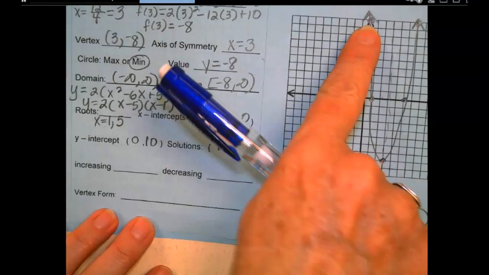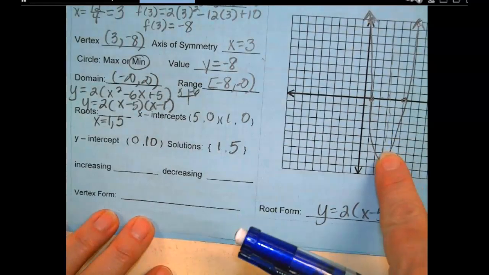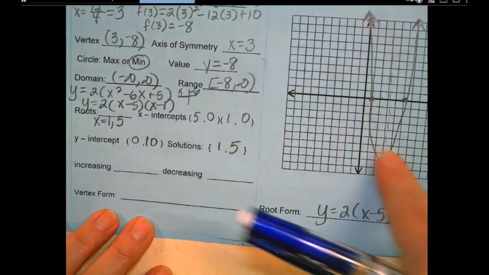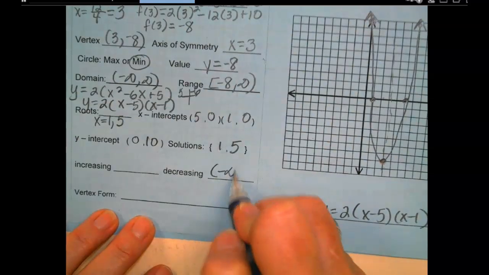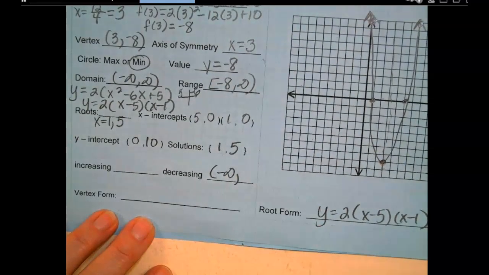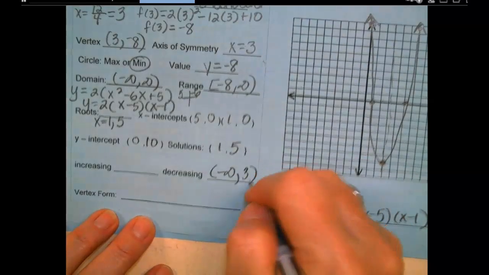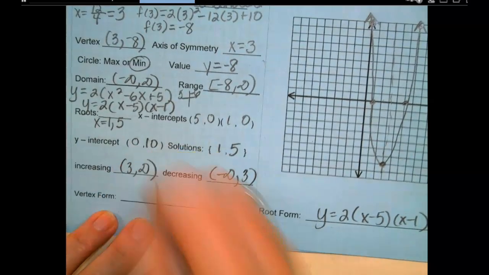If I put my finger and move to the vertex, am I going up or down? Down, so that's decreasing from negative infinity to which value? X or Y? X, and so that's to 3, and then 3 to infinity.